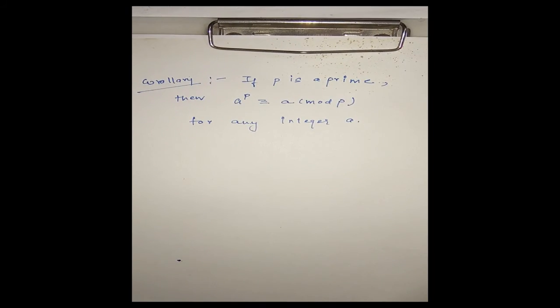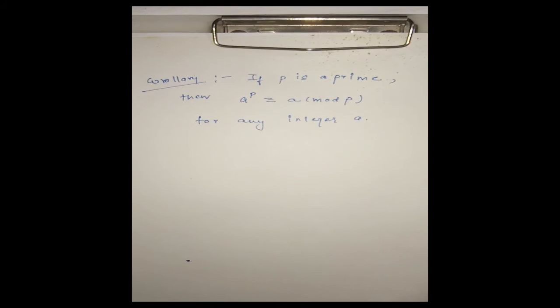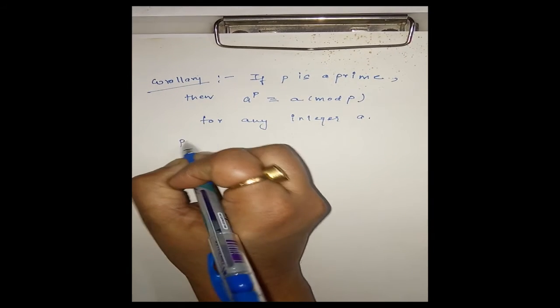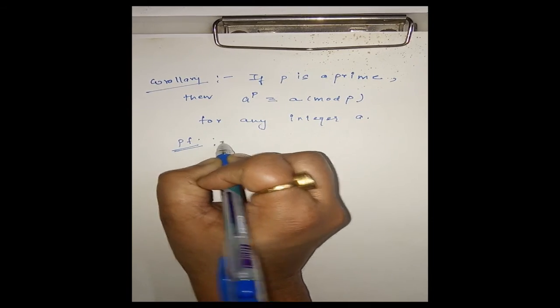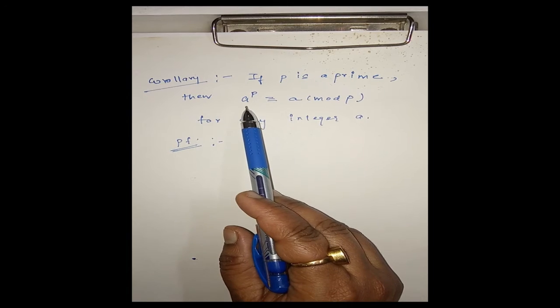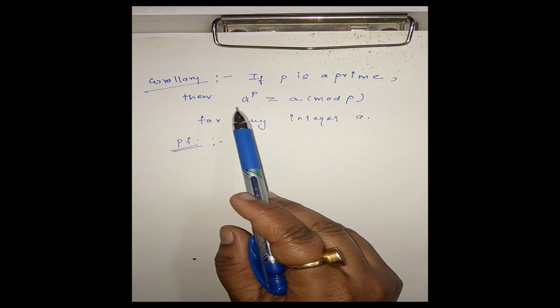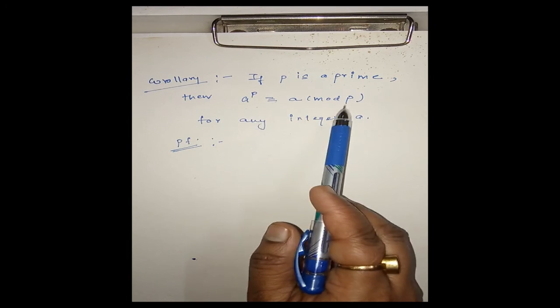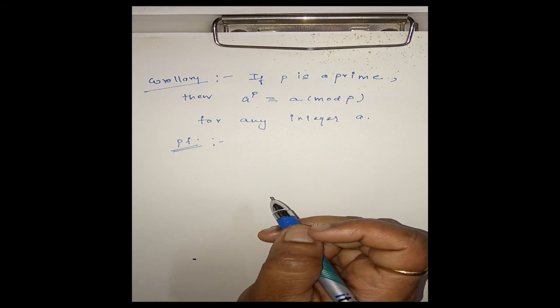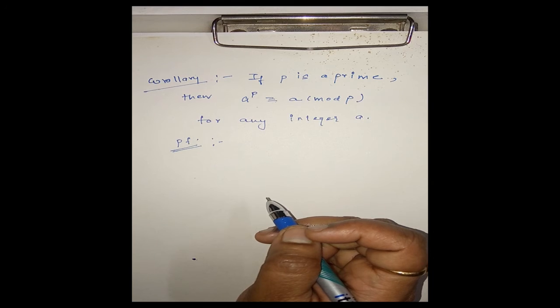Means here the condition of p does not divide a is dropped. Clear? Means it is free from any condition. If p is any prime, then for any integer a, we have this congruence: a power p is congruent to a modulo p. Okay? This is a more general form of Fermat's little theorem, or Fermat's theorem, I can say.